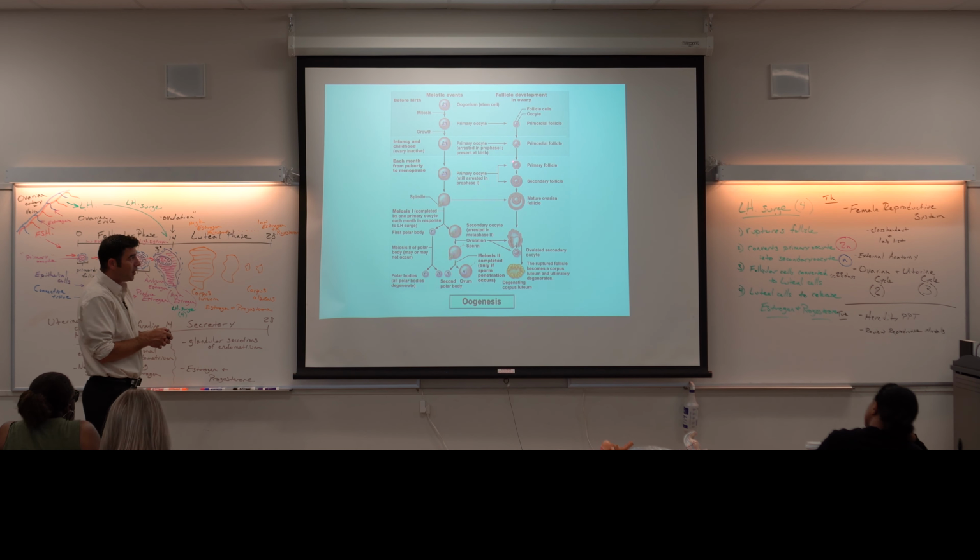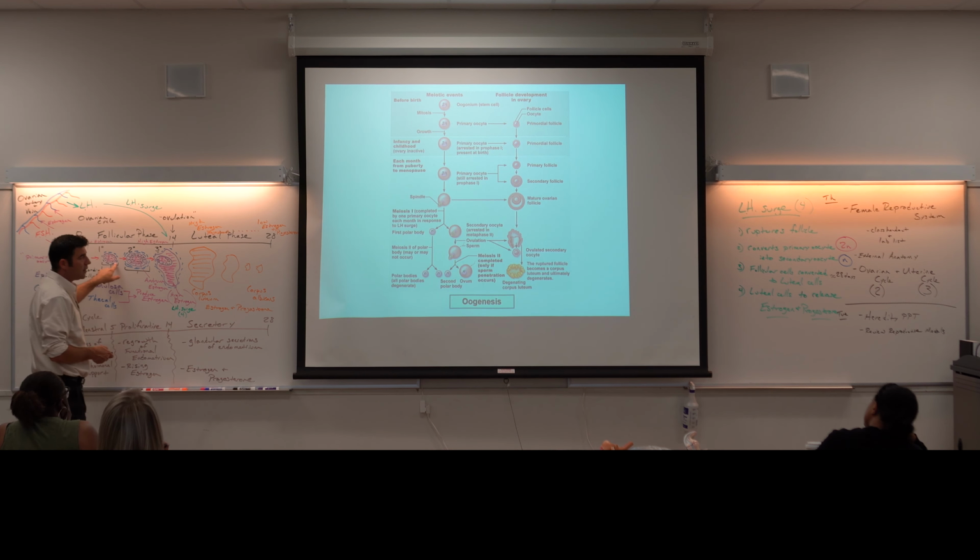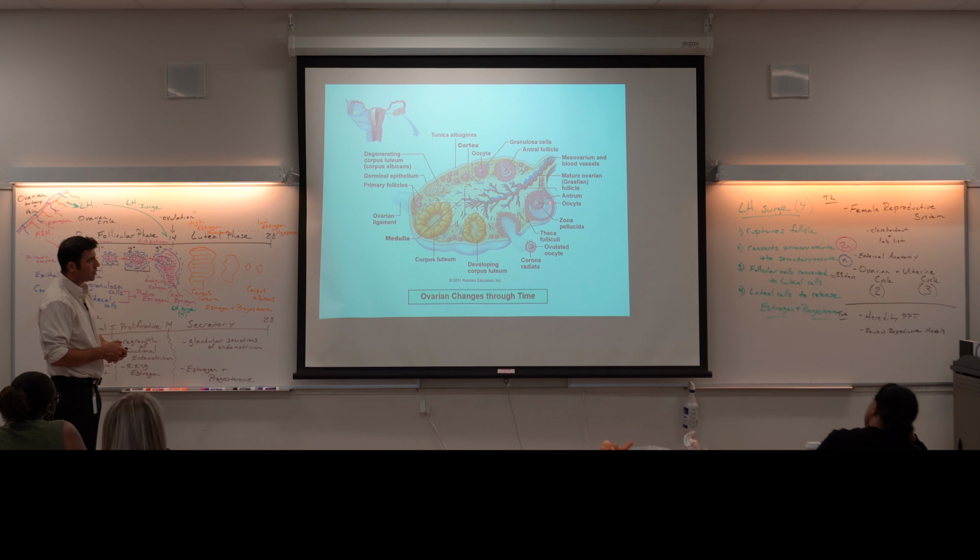A primary follicle is going to have cube-shaped cells that surround it, cube-shaped granulosal cells. Then a secondary follicle has not one layer, but at least 2 layers of those granulosal cells. You might also start to see little pockets of antral fluid build up in a secondary follicle. By the time we hit a mature follicle, there's going to be a whole lake of estrogen, maybe better shown by this picture right there.